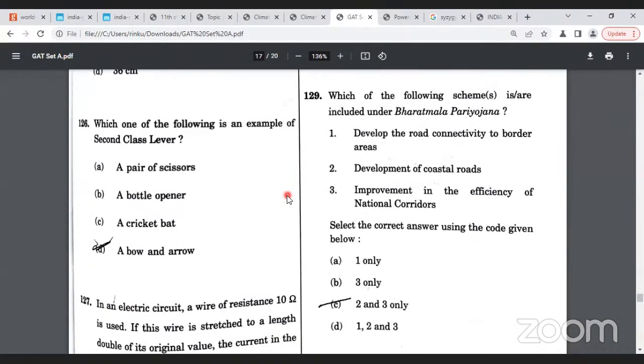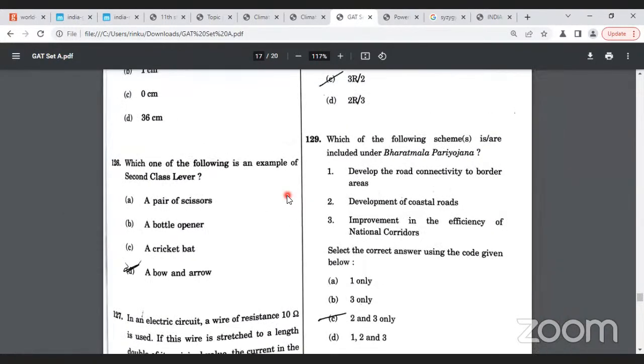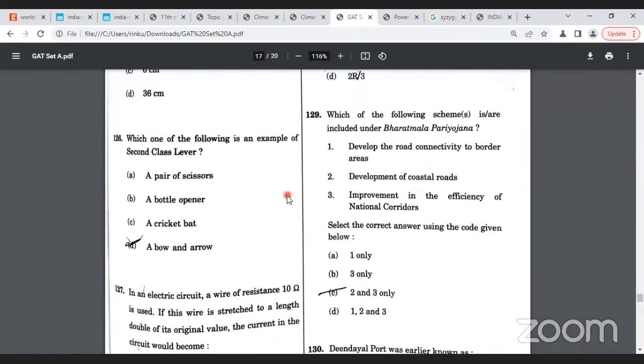Question number 129, which one of the following schemes are included under the Bharatmala Pariyojana? Bharatmala Pariyojana is about roads in India. We are discussing the connectivity and the betterment of roads in India. First of all, whatever earlier schemes we had in the development of roads, they were all subsumed under Bharatmala.